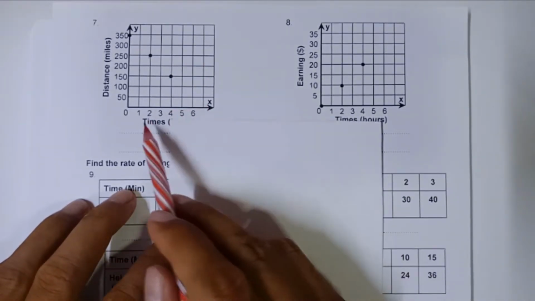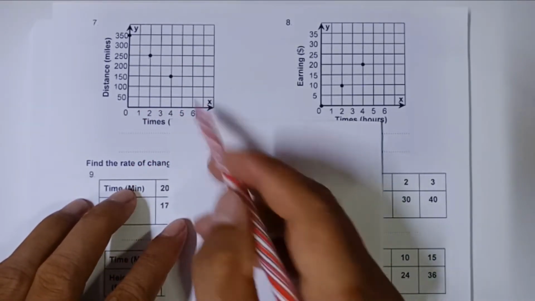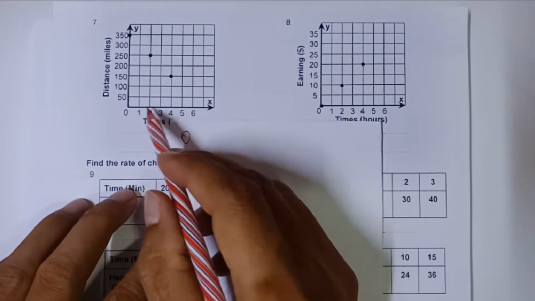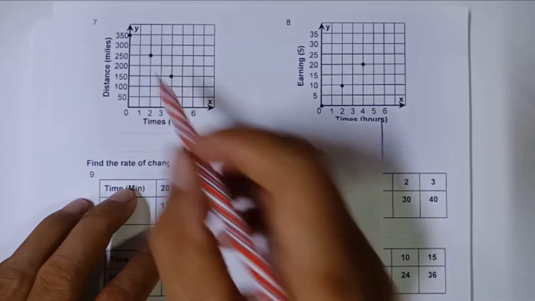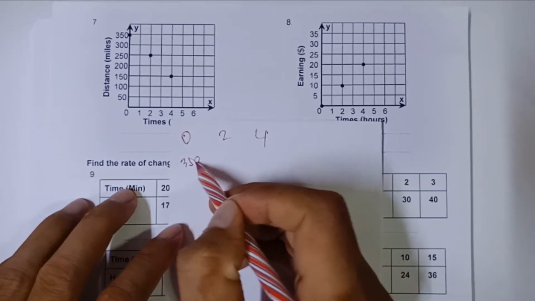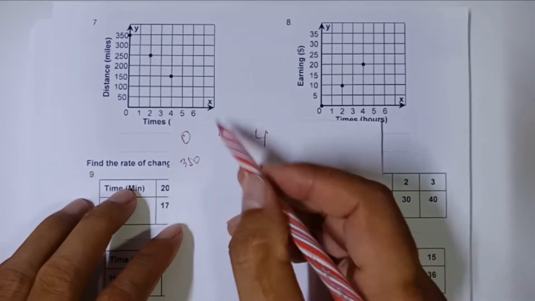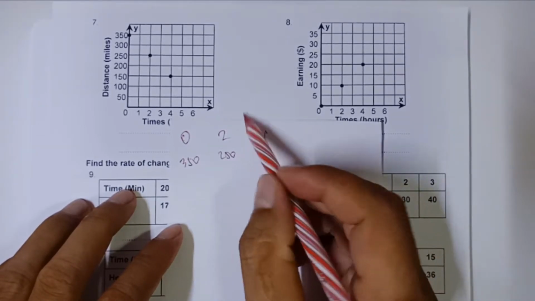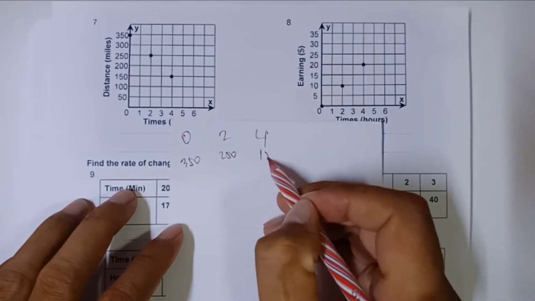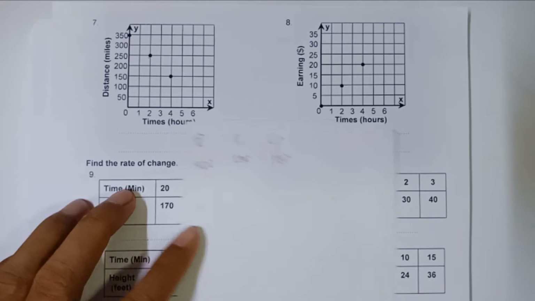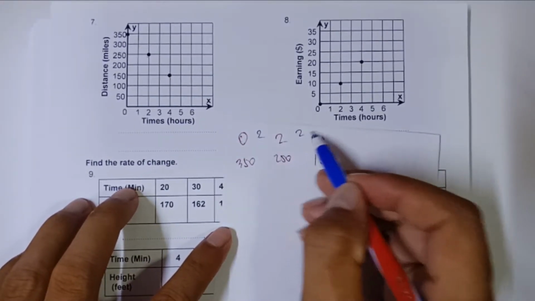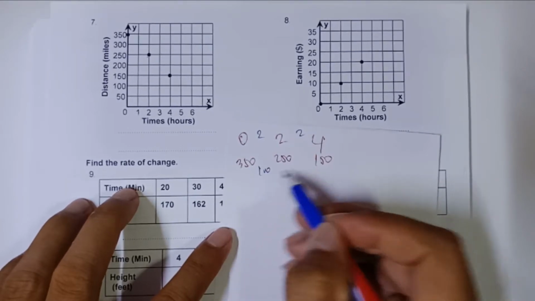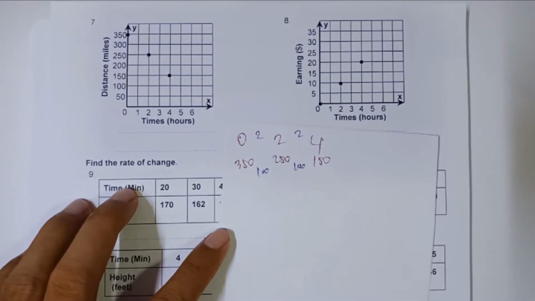Let me list down all the x values first. You have 0 for x here, and then after that you got 2, after that you got 4. Now 0 corresponds to 350 miles, 2 corresponds to 250 miles, and 4 corresponds to 150 miles. Now if you see the difference between these, you have 2 in between, and this is going to be 100 and 100.